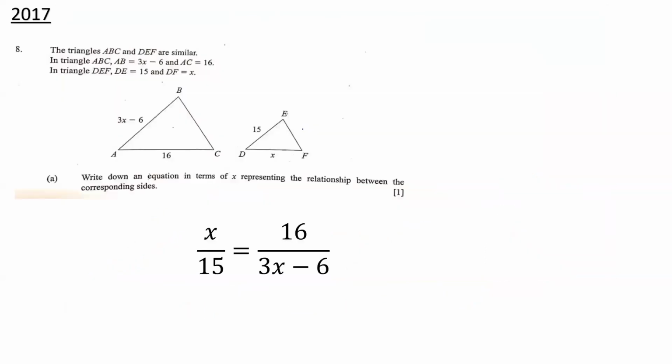So let's do it for this one. What are corresponding sides? Well, we know that DF and AC are corresponding sides. So that means that X and 16 are corresponding sides.